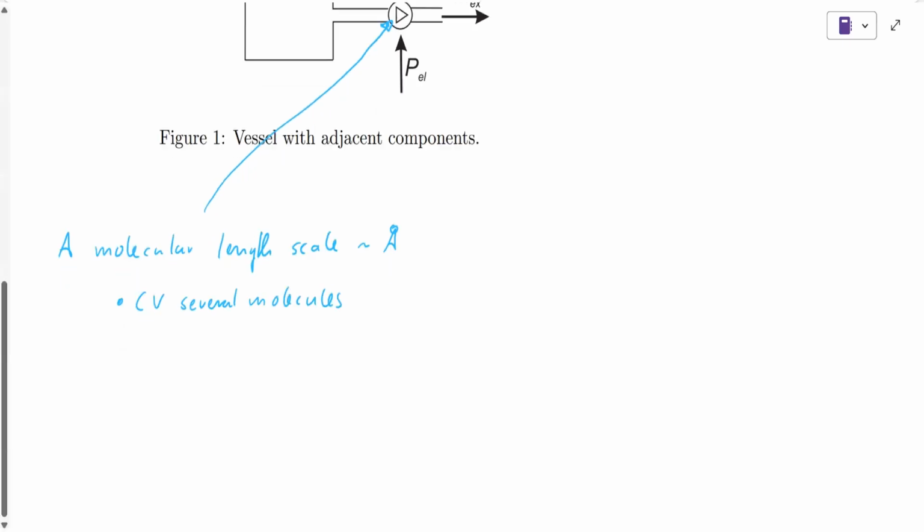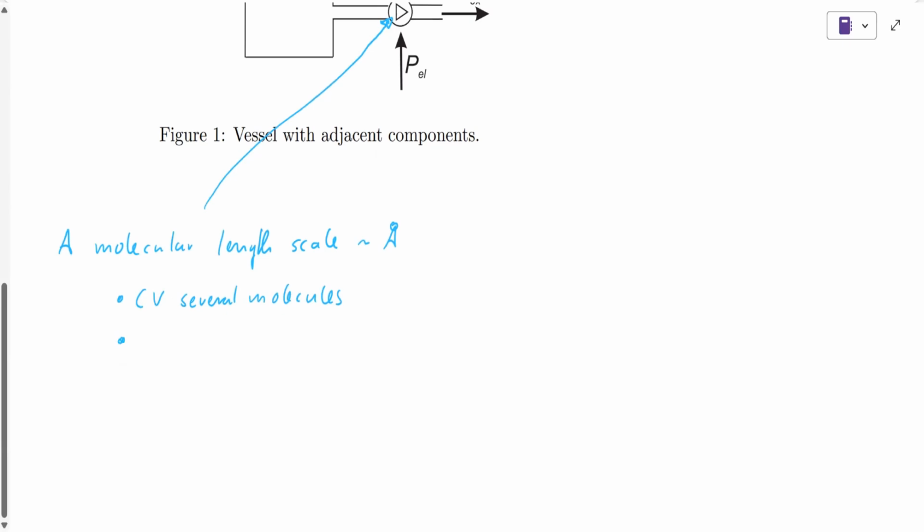and that means that your balances would be formulated of course only for the interaction.